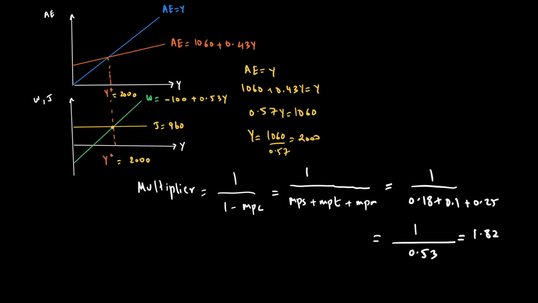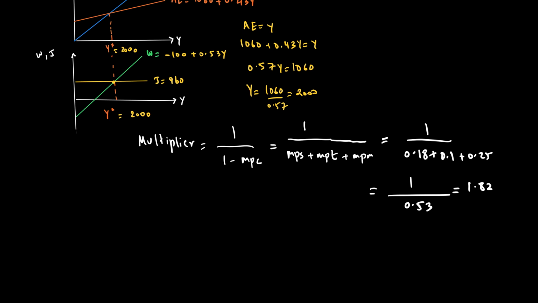Now, the thing that we need to remember, and that's an important lesson for us, is that in a two-sector model, my multiplier was basically 1 over MPW, 1 over marginal propensity to withdraw, because the withdrawal was only saving. I'm going to write this, then it's 1 over MPS.